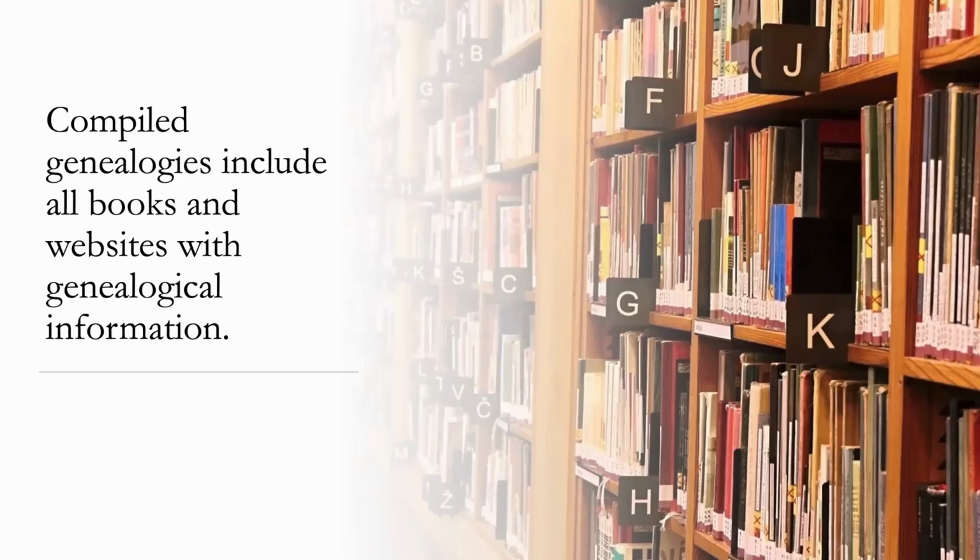I just want to point out that we have a very generic term. It's called compiled genealogies, and it really refers to everything written about families and individuals that has arguably genealogical information. So there's really no cutoff where you say this book is a compiled genealogy and this book over here is some other category. No, everything is.